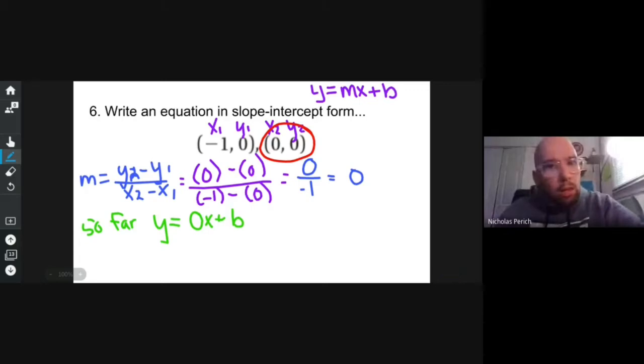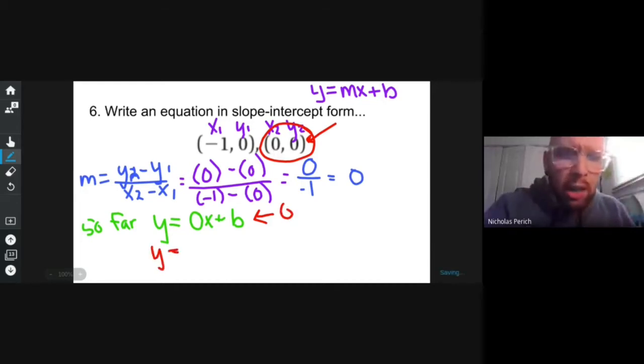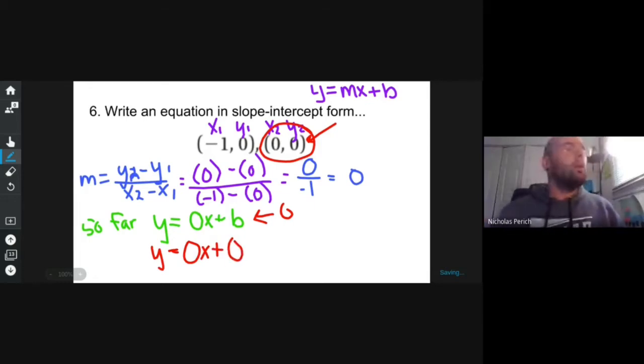I have my y-intercept. It's right there. Which means my b is 0. Again, my y-intercept lives when my x value is 0. And my x value is 0 in this point right here. And my y value is also 0, so that's weird. So what I have is y equals nothing x plus nothing.